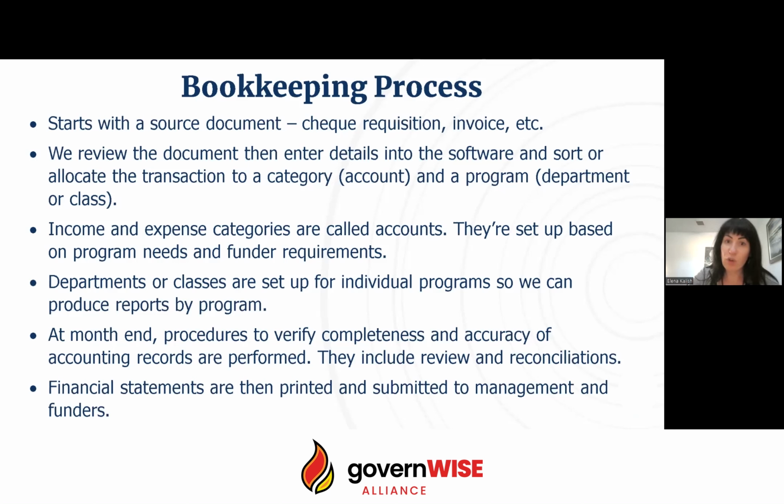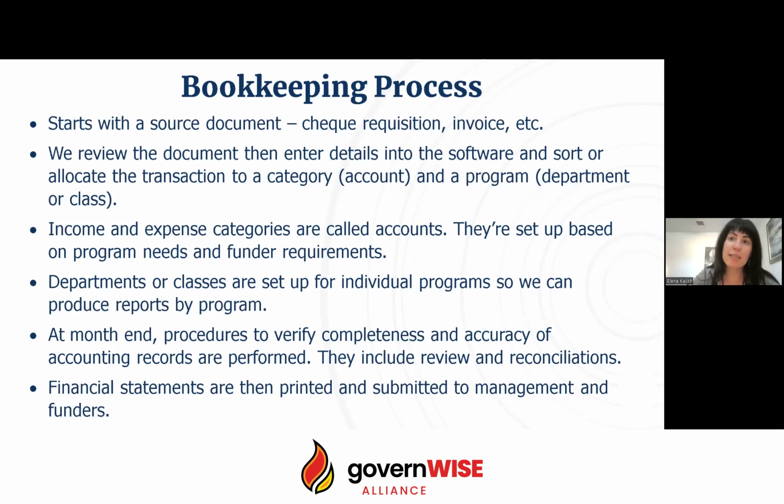So we review the document, and then we enter the details into the software, and at the same time we're telling the software how to sort it or allocate it. So our first allocation is to a category. So say if it's an expense, if we bought some office supplies, we'll tell the software to post it to office supplies.